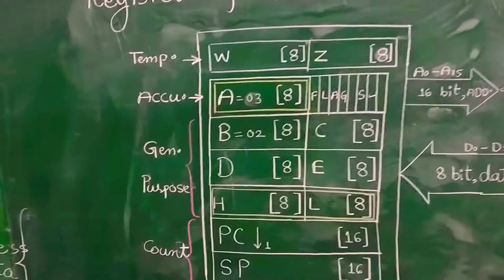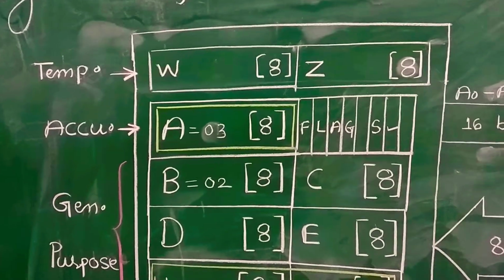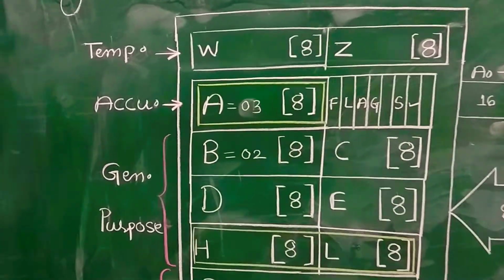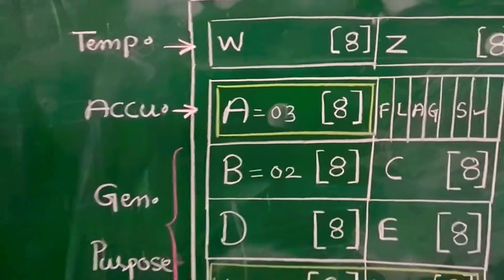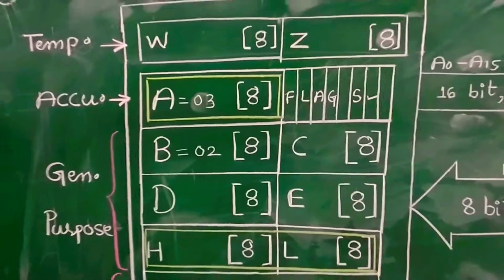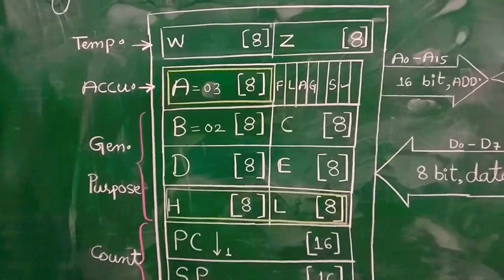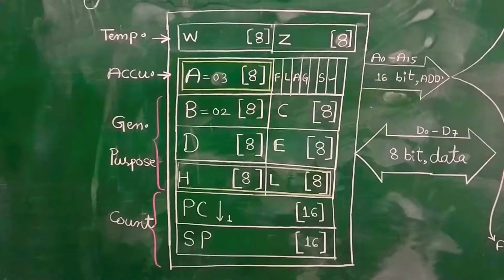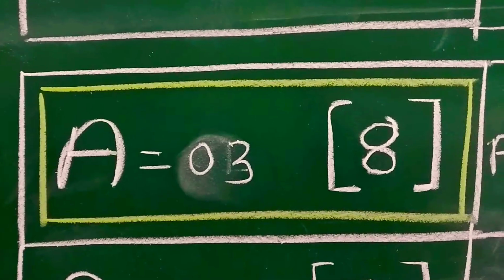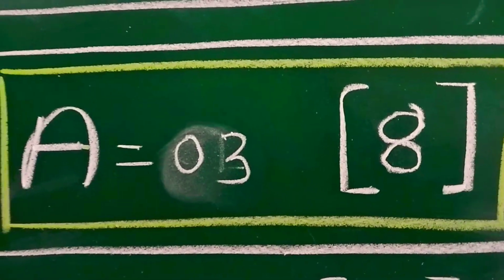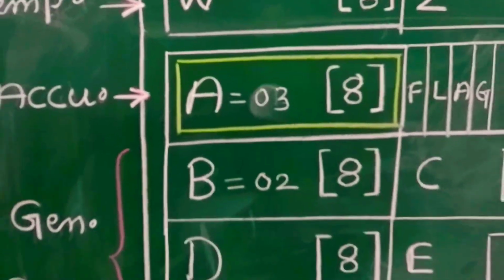So as we are taking the review, we have temporary registers used internally by the microprocessor. Then we have the very important register accumulator, which stores the data, and is used for arithmetic operations as well as logical operations, because after each operation the result will be stored in the accumulator. Thus accumulator is a very important register.